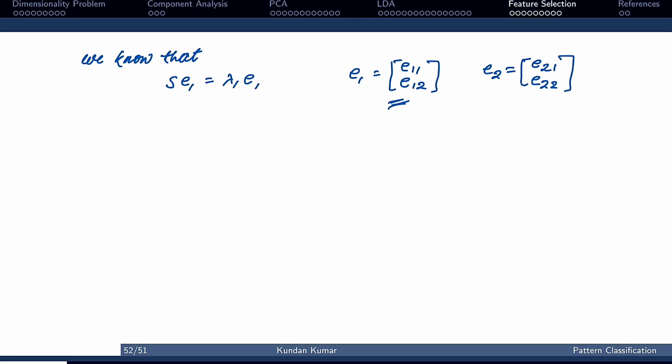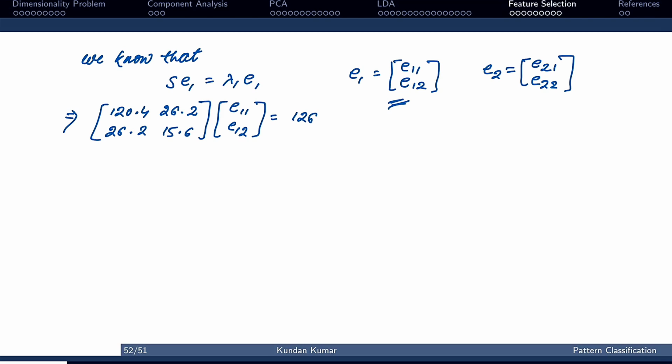We will have 120.4, 26.2, 26.2, 15.6, and then we multiply by E11, E12, equal to lambda 1, which is 126.58, times E11, E12. Then we can solve it.